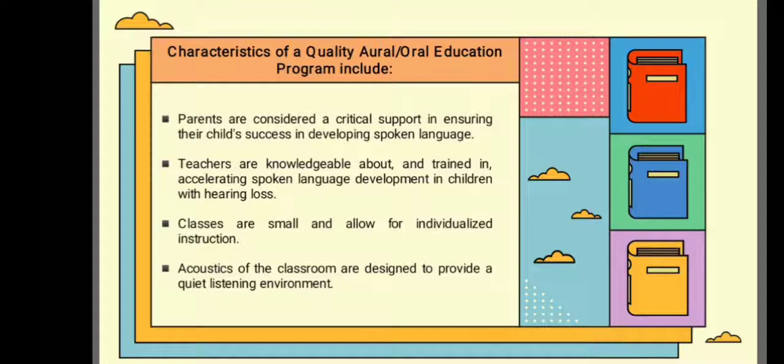So this type of program, or oral education, is more into teaching students how to speak. They use more technology like hearing aids or cochlear implants, and they do not use sign language in this type of education.